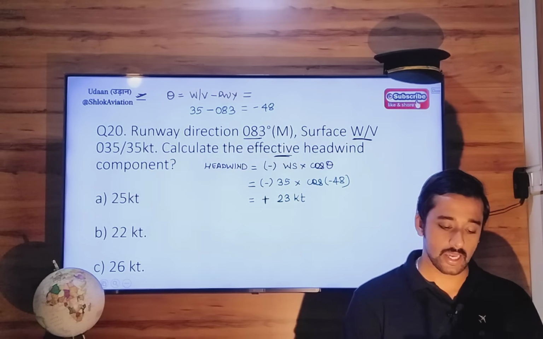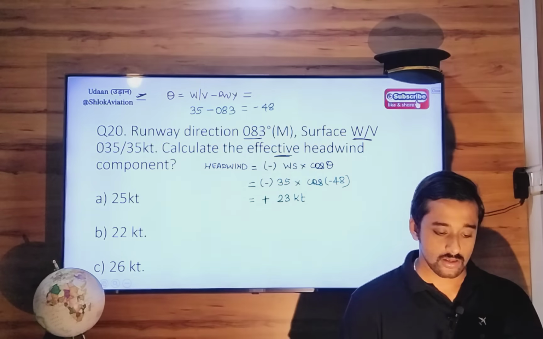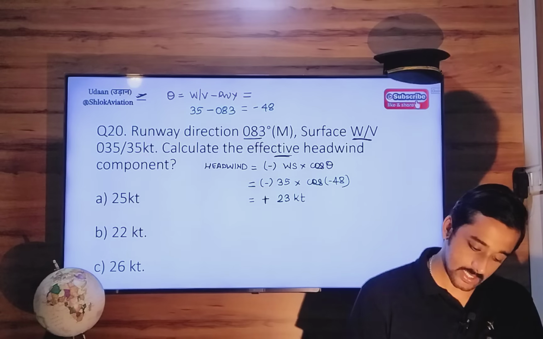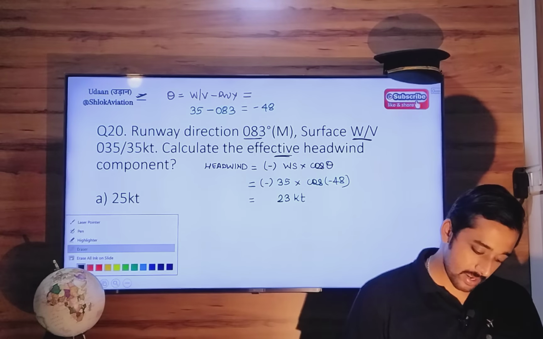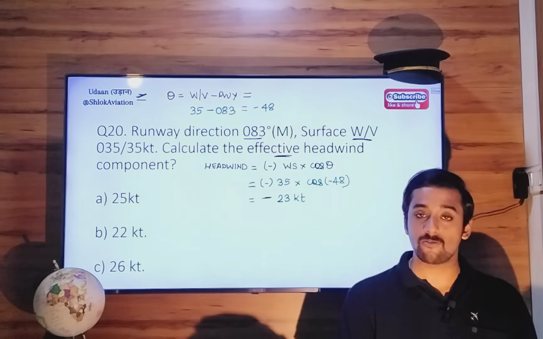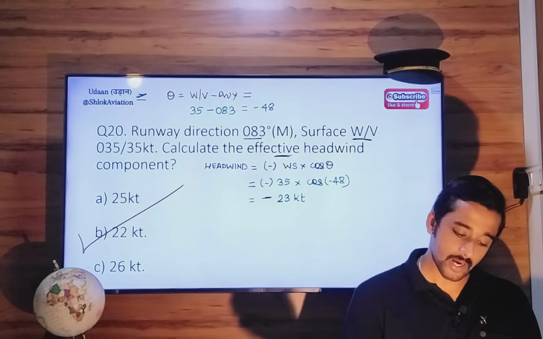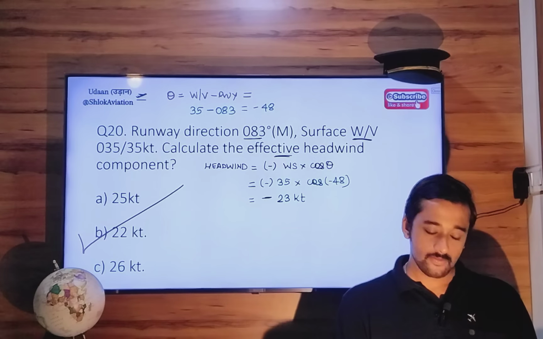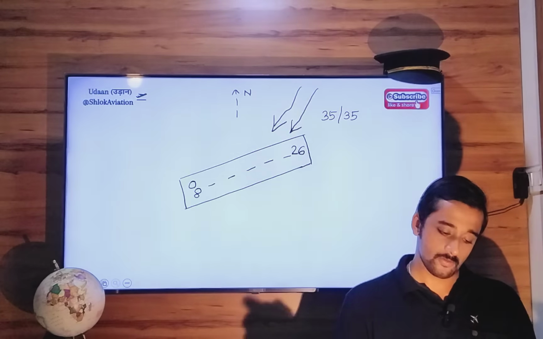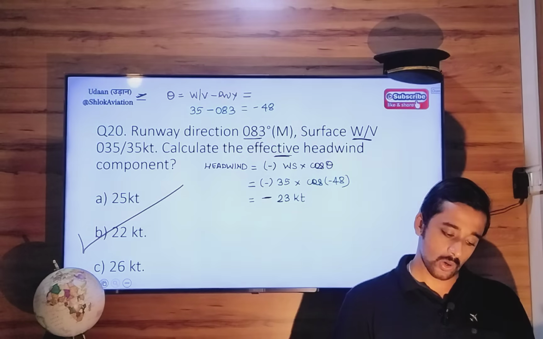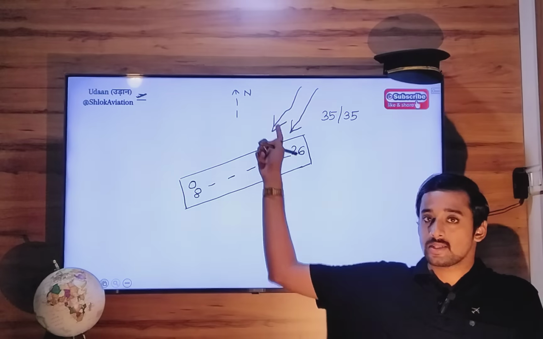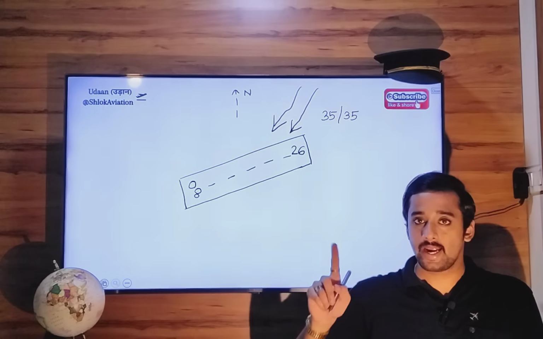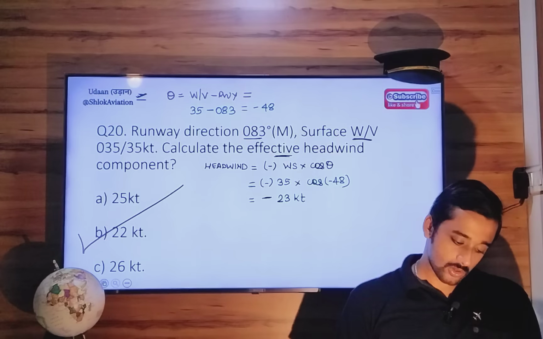So cos minus 48 is plus 0.66. My bad, it is plus 0.66. So plus into minus is minus. So you will be getting a headwind of minus 23 knots. Option Bravo. Okay, so looking at the diagram, you come to know that this is a headwind of 23 knots or 22. So if you take off from runway 08, you are going to experience somewhat of a left crosswind and headwind. So 20 is Bravo.